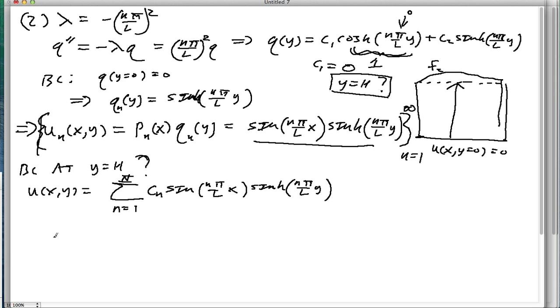All right, and so we want that when u of x and we set y is equal to h, we want that to be equal to f2 of x.